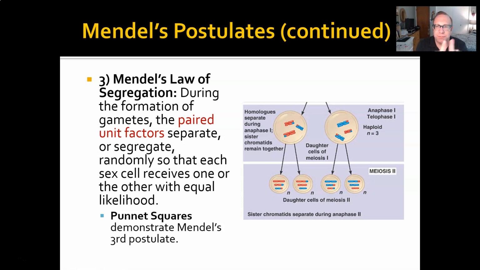And they are going to split up, and one's going to go into one gamete and the other's going to go in another gamete. And as you can see from the picture, the long red one went to the left and the red with a blue tip went to the right. Each of those had a 50-50 chance of going into either gamete. Okay, that's all this postulate says, that it's random chance which one goes in there.